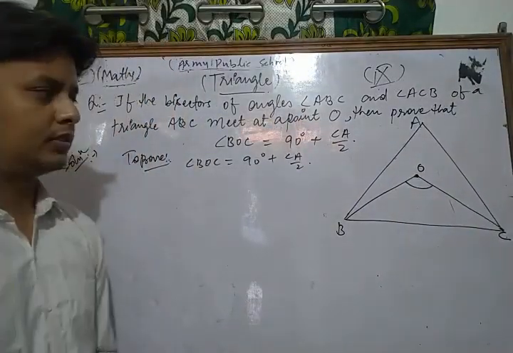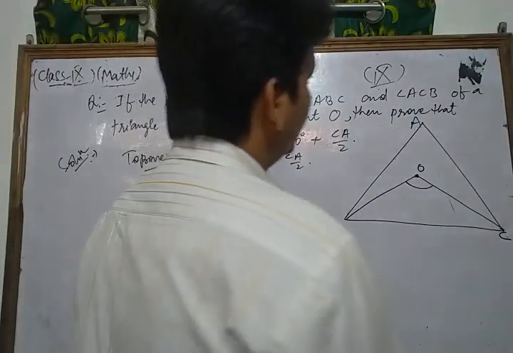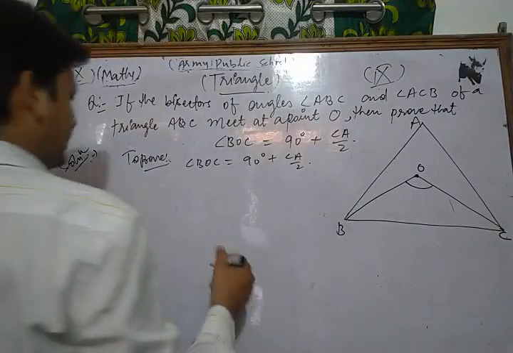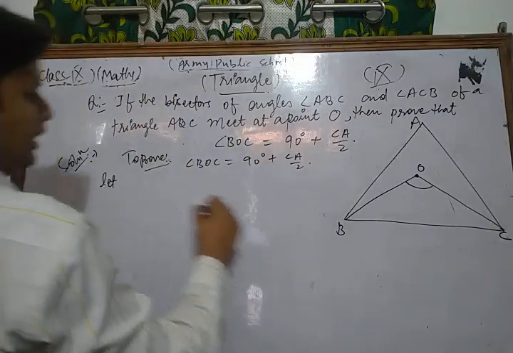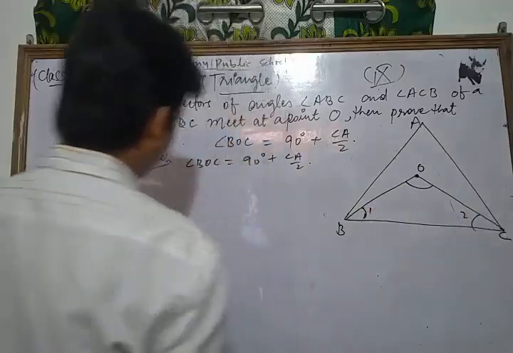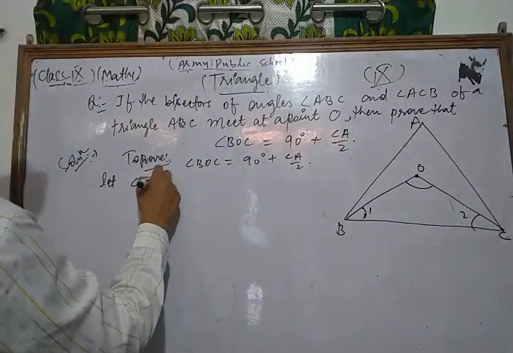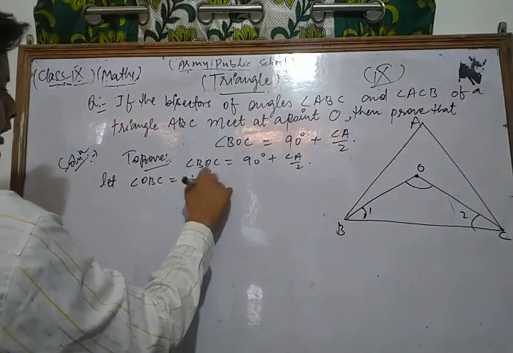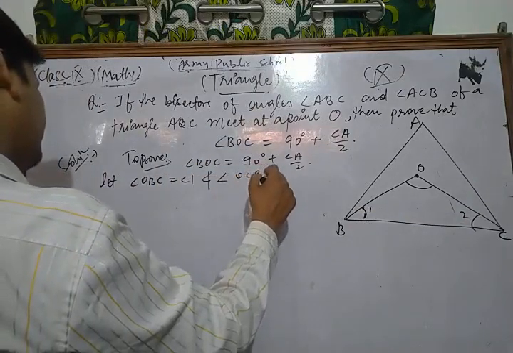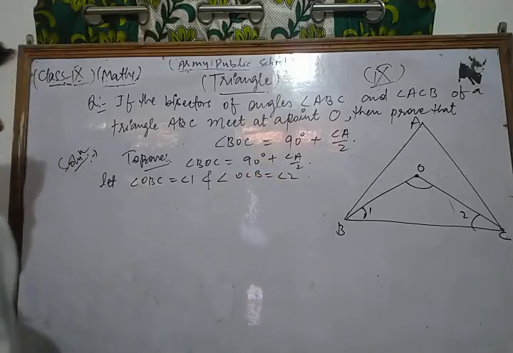Now what do I do, dear friends? First of all, we take this as angle 1 and this as angle 2. So let angle OBC be equal to angle 1 and angle OCB be equal to angle 2.